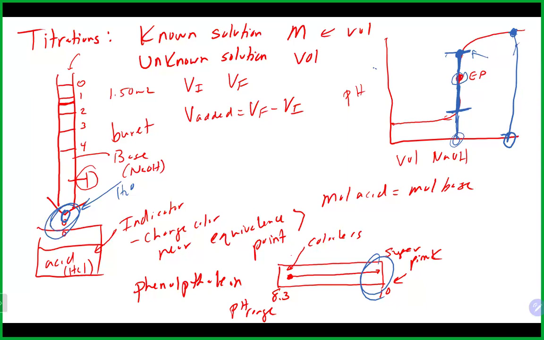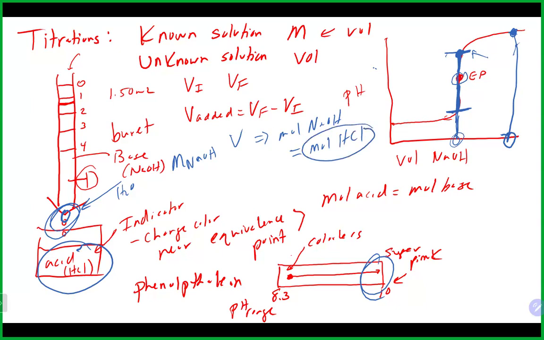So this is a very common procedure we use to figure out things like the molarity of an unknown. For example, if I knew the molarity of my sodium hydroxide, and I knew from adding it from my burette the volume of sodium hydroxide, I could then figure out the moles of my sodium hydroxide using the molarity equation. I could also use stoichiometry to go from moles of sodium hydroxide to moles of HCl from the balanced equation. I would know at the beginning of my titration how many milliliters of HCl I used.